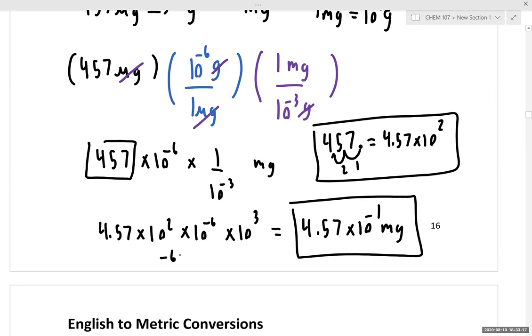And so if we have -6 plus 2 plus 3, that gives me -1. That's where we get the 10 to the negative first from. When you multiply powers of 10, you can add the exponents together. Did that address your question? Perfect.